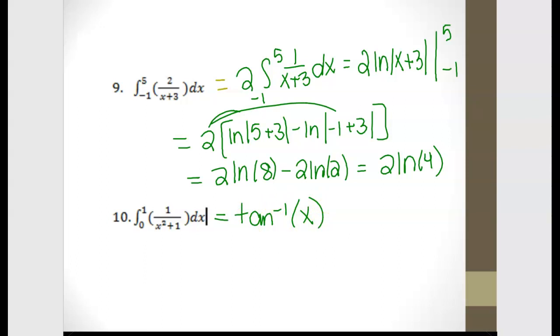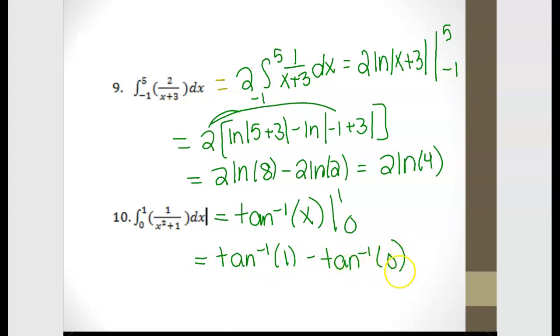And then you'd evaluate it from 0 to 1. Inverse tan of 1 minus inverse tan of 0 takes you back to your unit circle. When is the tangent 1? At pi over 4. You're in quadrant 1, it's positive.